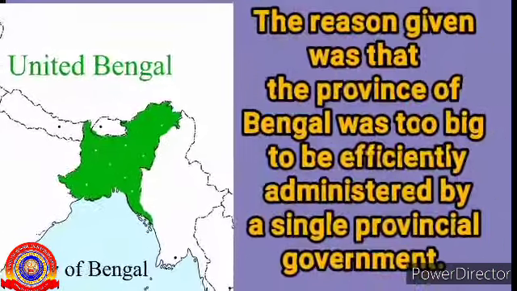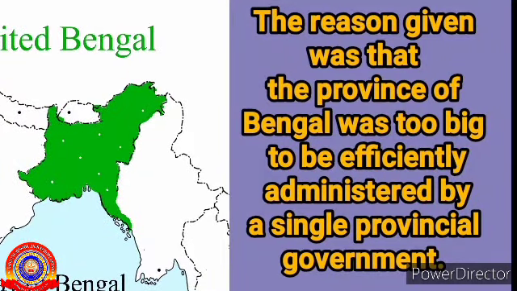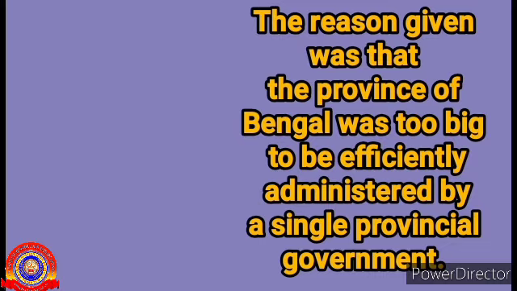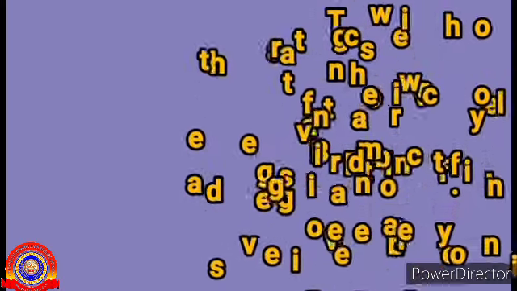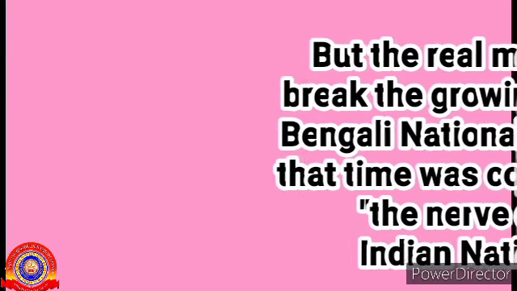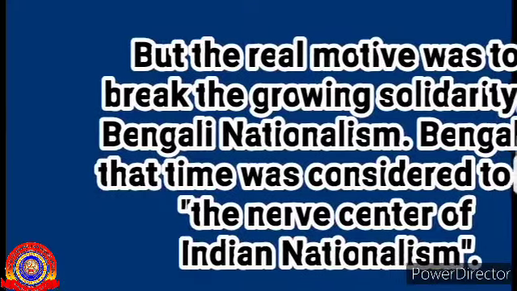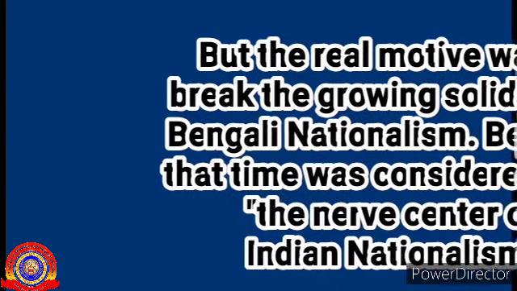The reason given was that the province of Bengal was too big to be efficiently administered by a single provincial government. But the real motive was to break the growing solidarity of Bengali nationalism. Bengal at that time was considered to be the nerve center of Indian nationalism.